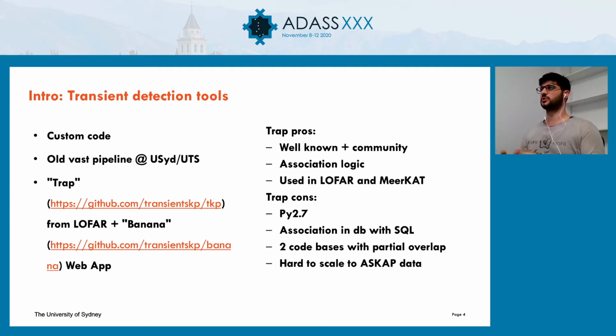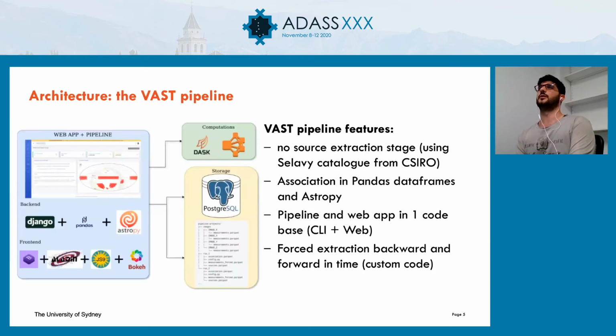It's Python 2.7, and all the association was done in SQL. But at the same time, TRAP is really great because, besides being well known in the community, its association logic is quite robust, and it is currently used in the LOFAR and MeerKAT telescopes, if I'm not wrong.